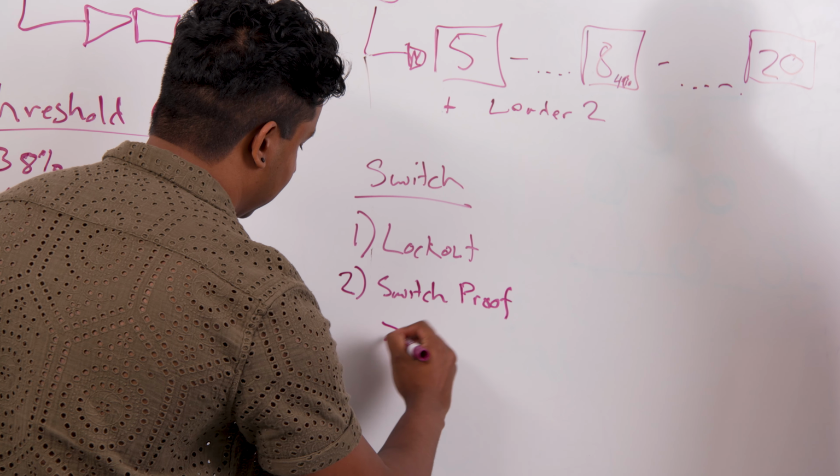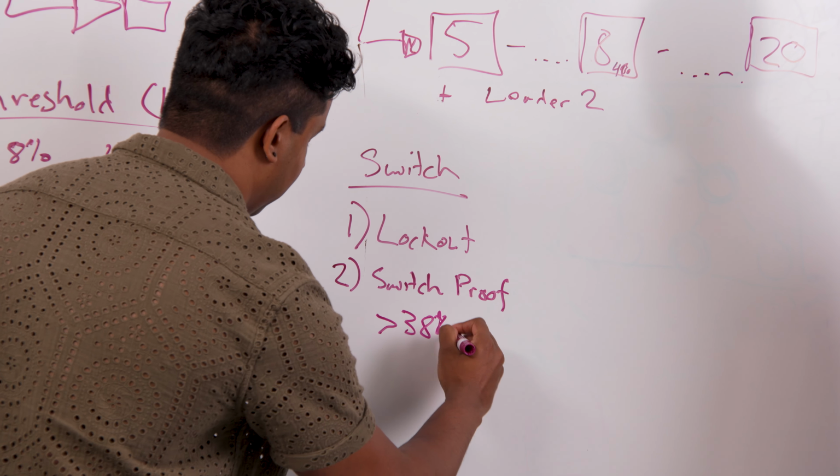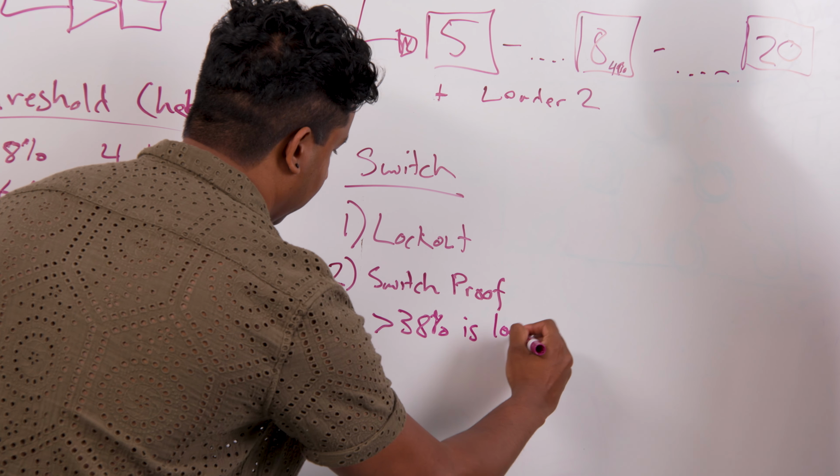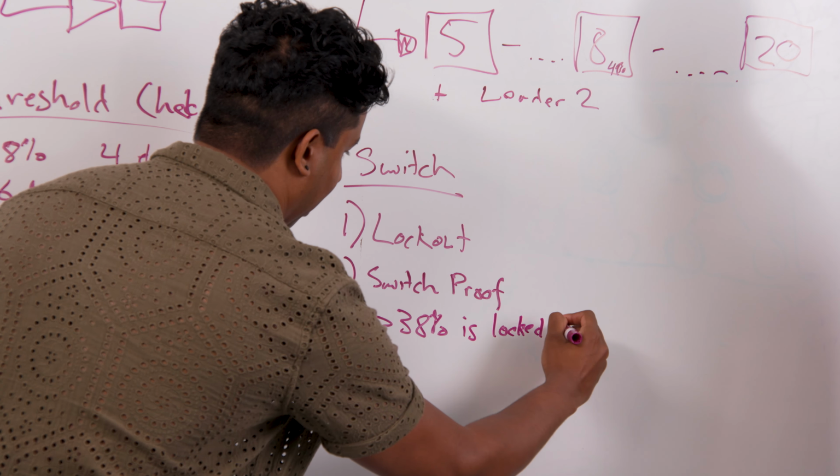Yeah, and then the second thing is this thing called the switching proof. And the idea behind this is greater than 38% is locked out on your last vote. So the idea here is that if there is at least 38% not on your fork, so my last vote was 8, and in this example, there is maybe only 49% here.